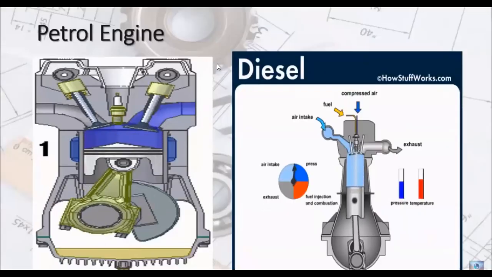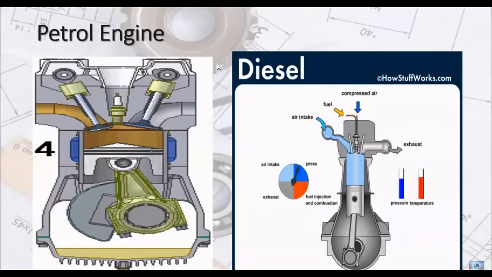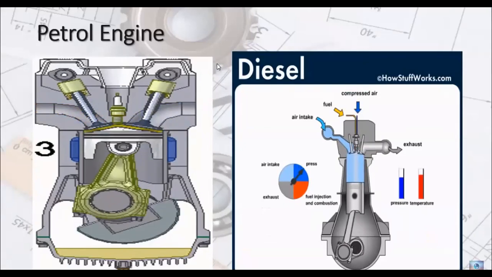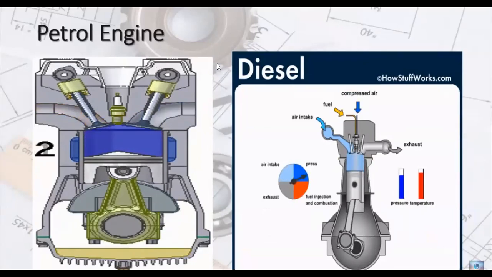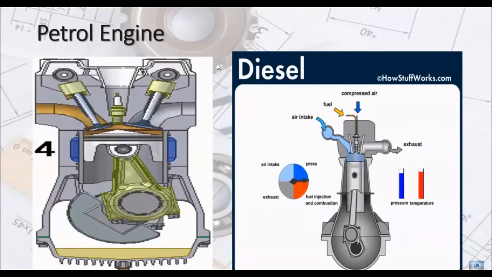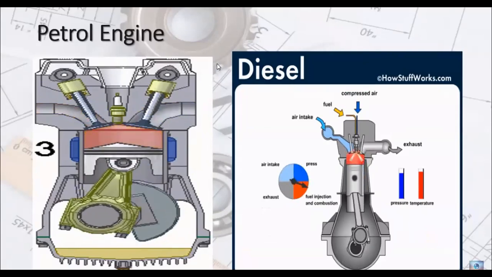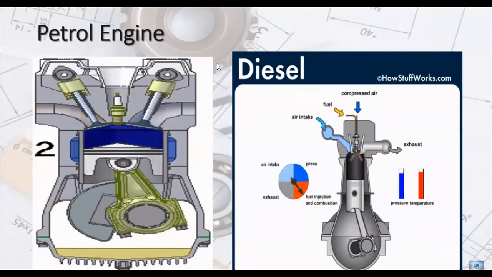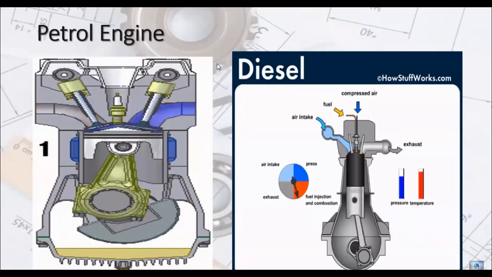There are two kinds of internal combustion engines currently in production: the spark ignition gasoline engine and the compression ignition diesel engine. Most of these are 4-stroke cycle engines, meaning 4 piston strokes are needed to complete the cycle. The cycle includes 4 distinct processes: intake, compression, combustion and power stroke, and exhaust. Spark ignition gasoline and compression ignition diesel engines differ in how they supply and ignite the fuel.